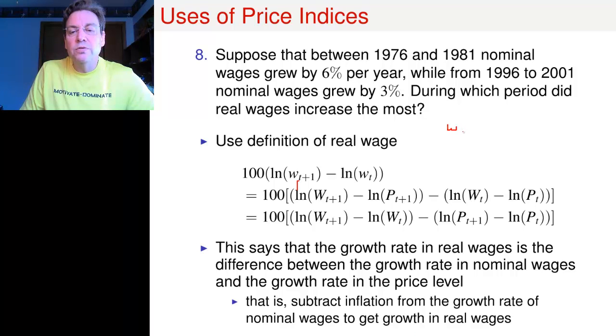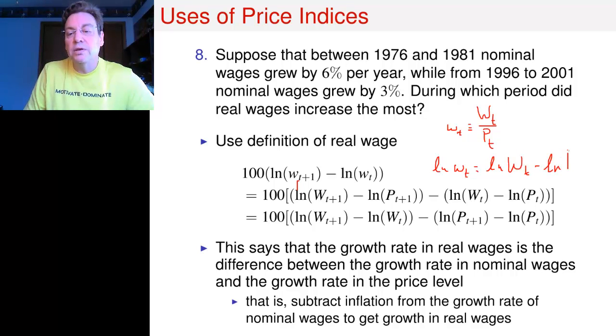The real wage is little w, and this is just defined as big W over the price level. So if we take the log of little w, it just becomes the difference between the log of the nominal wage and the log of the price level. And that's what we've done here. So what we're computing here is the growth rate, or the percentage change, in the real wage.